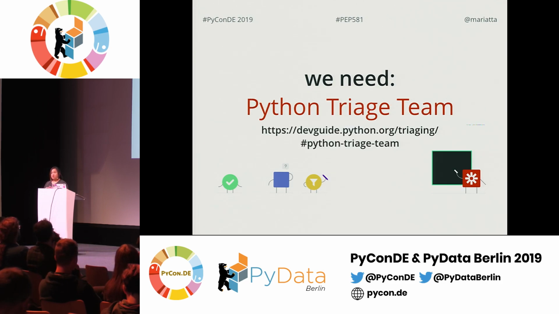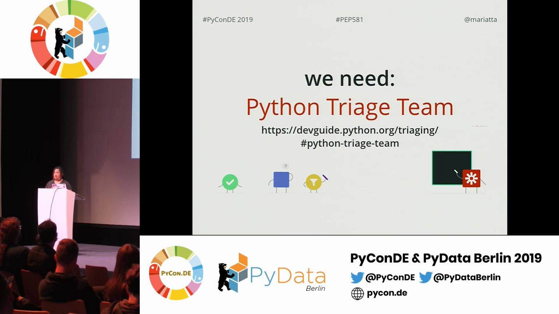We're going to need help triaging issues. Now, if people were intimidated in contributing, in filing issues in the existing BPO, GitHub will make it so much easier for people to file issues, right? With that, we will need help triaging, categorizing issues. And the triage role is actually something new on GitHub. It is in beta, and CPython has been granted the beta access to it.